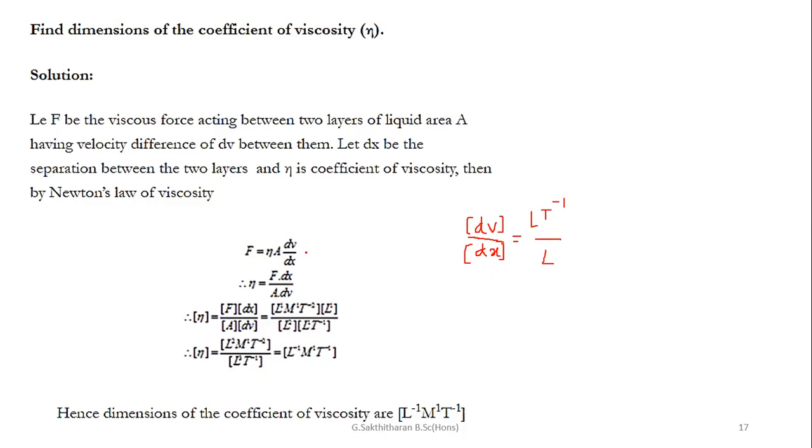So we put into this equation, dimensions of eta is dimension of force MLT^-2, and dx is L, A is area, and also dV, velocity LT^-1.